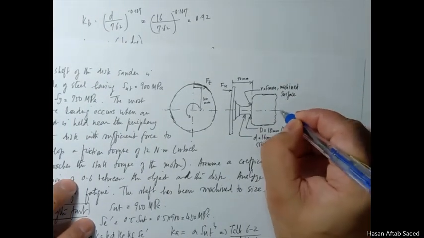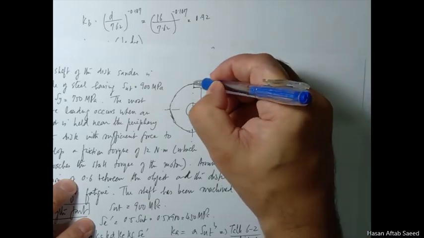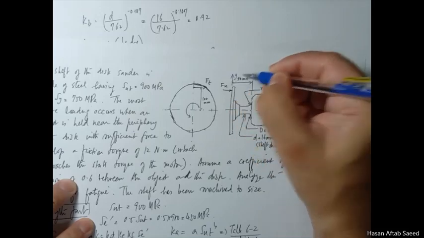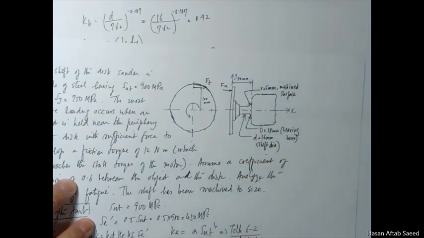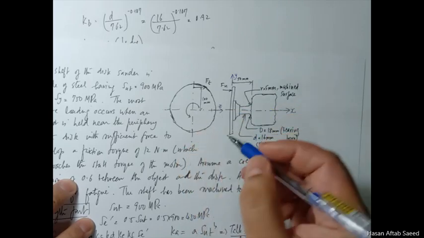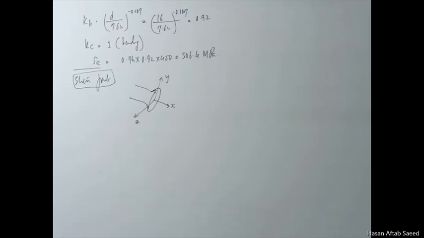This is our x-axis, this is our y-axis, and this is our z-axis out of the paper. This is what we have drawn here.